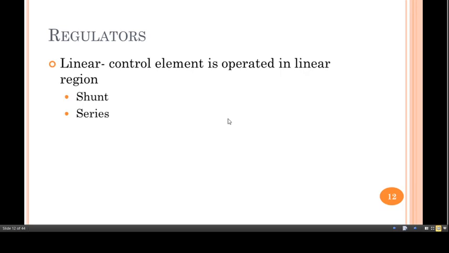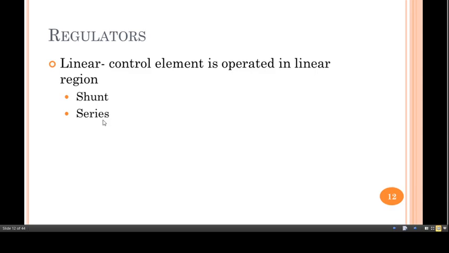This voltage regulator is classified in two types. First is linear voltage regulator. When the control element is operated in linear region, then that regulator is called a linear regulator. And again, the linear regulators are classified as shunt regulator and series regulator.